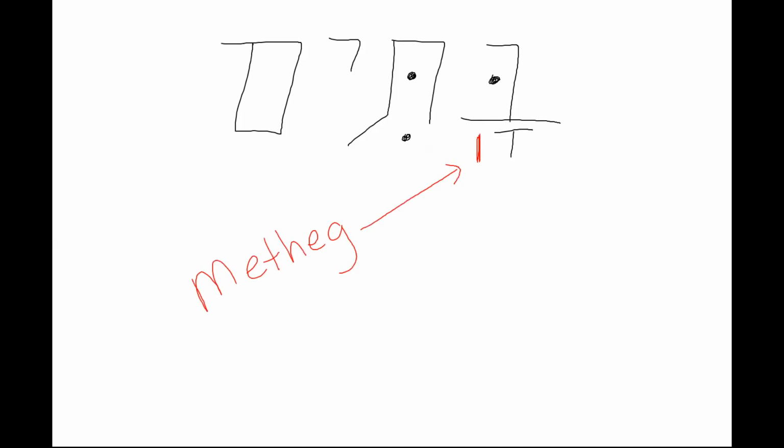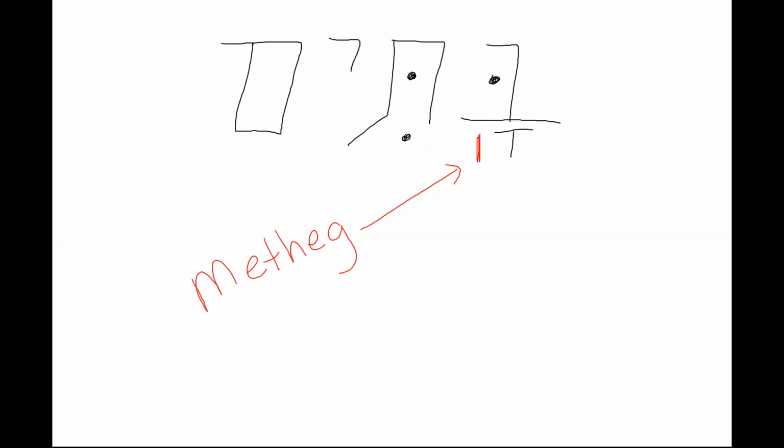In terms of vowel identification, the meteg occurs with the qamets and not with the qamets hatuf. Let me say that again. In terms of vowel identification, the meteg occurs with the qamets and not with the qamets hatuf. So in this word, houses, batim, the vowel symbol under the bet could be taken either as qamets or qamets hatuf.